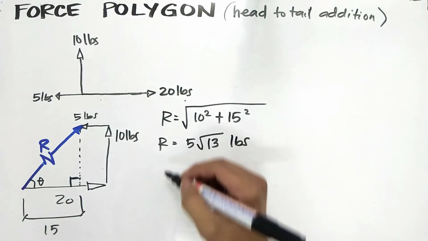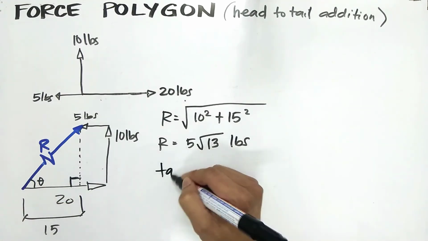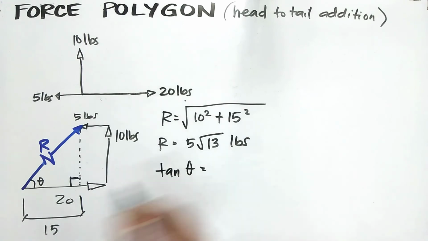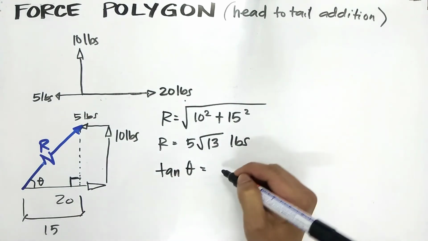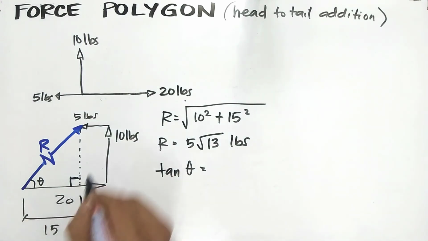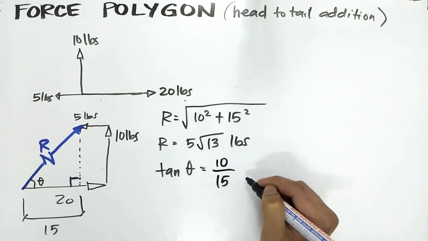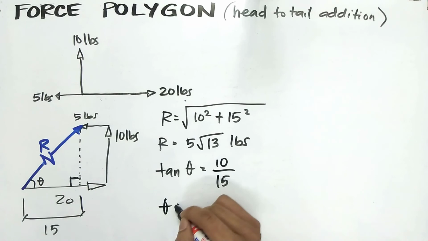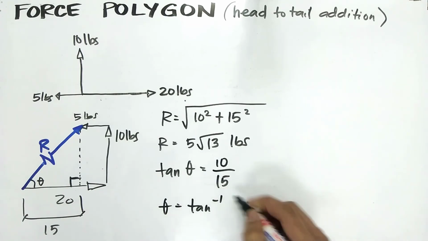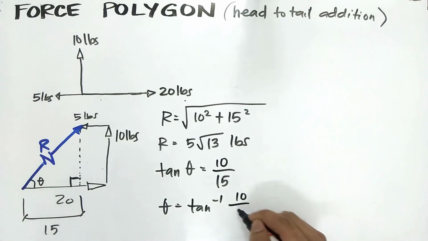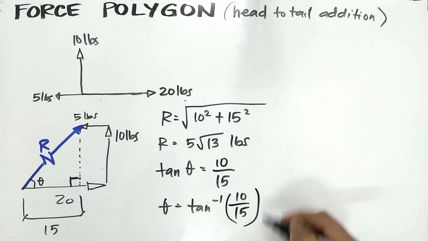And its direction can be taken from tangent of theta, since that is measured from the horizontal already. Tangent of theta is equal to the opposite side, that is 10 pounds, divided by 15 pounds. So theta is equal to the arctangent of 10 divided by 15.